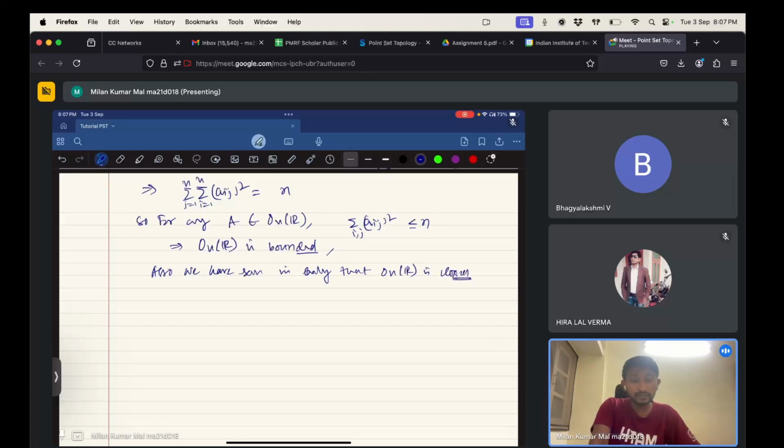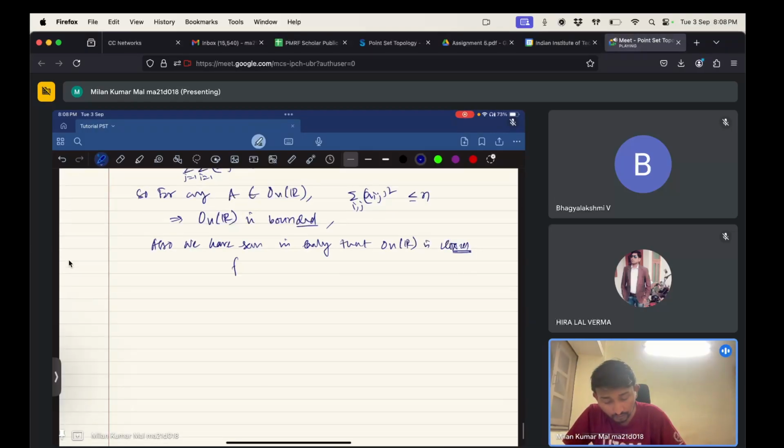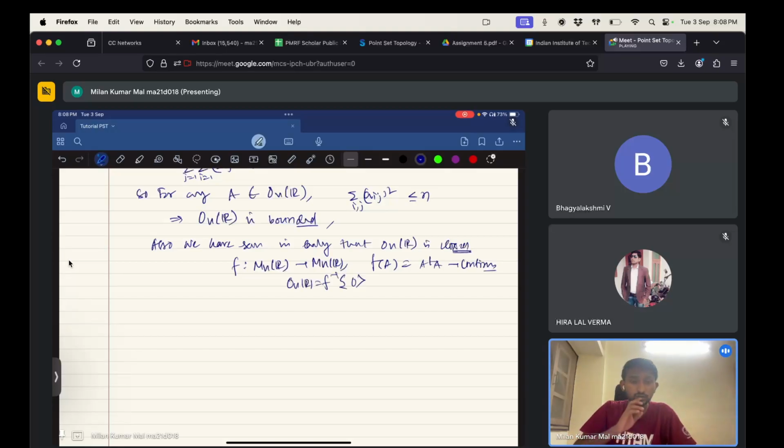Why is it closed? Because it is the inverse image of a singleton element. If you remember, F is the map from MnR to MnR, F of A equals A transpose A, which is continuous, and ONR equals F inverse of the identity.